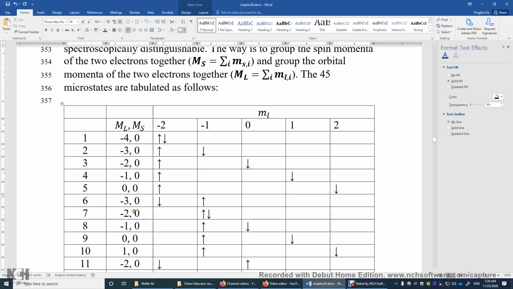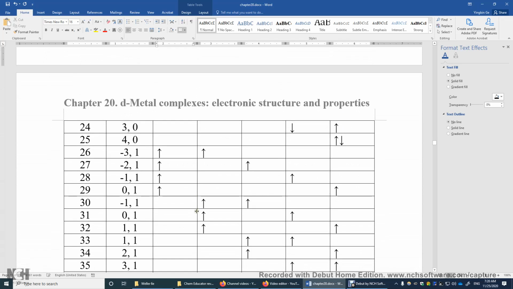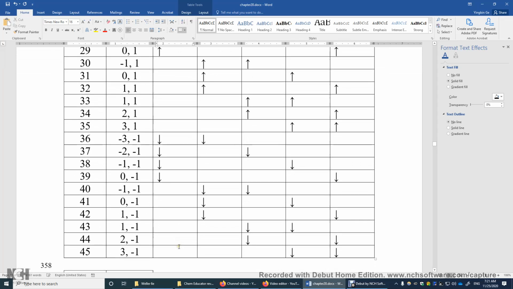Once we have those uppercase M sub L and M sub S for the 2 electrons, we can remove these 5 columns. This is just a tool for us to determine the set of values for uppercase M sub L and M sub S.